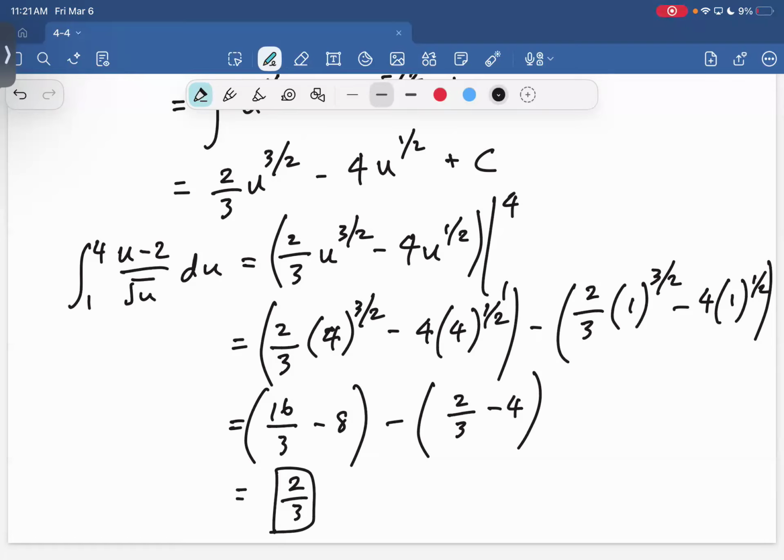Okay, shall I do another one? Which one? 11? Let's do 10. No, 10 is too easy. Let's do 11. Yeah, 11. 12 is also very easy.